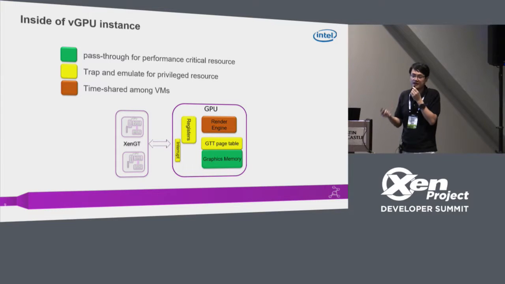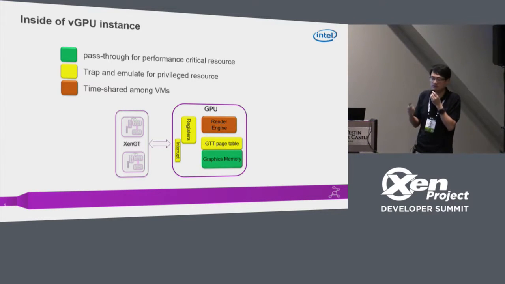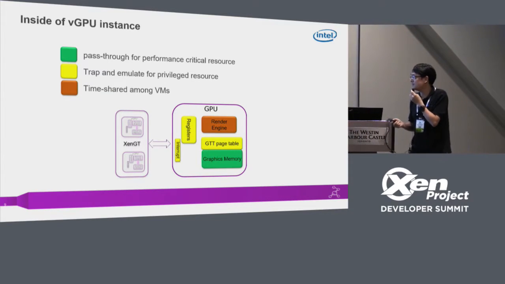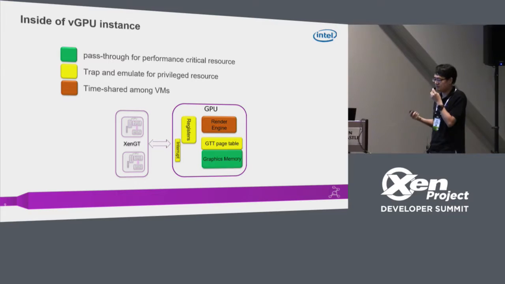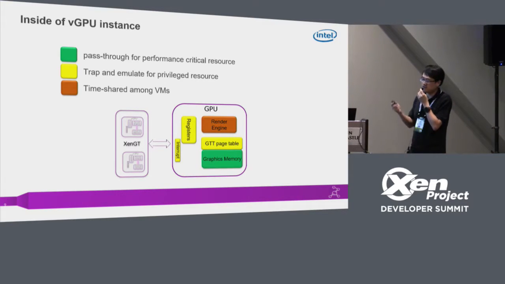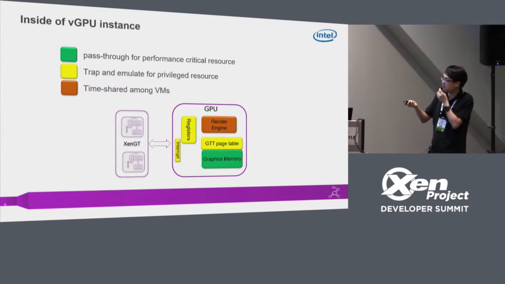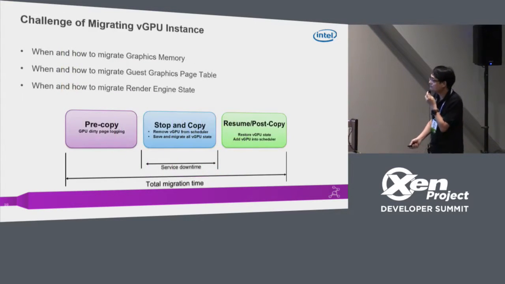So at a particular time, this engine is assigned to one of the guests. That guest will run its workload, and after 1 millisecond or 10 milliseconds, the render engine will yield to the other VMs, and they will begin running their workloads. So this is basically what is inside a vGPU instance.